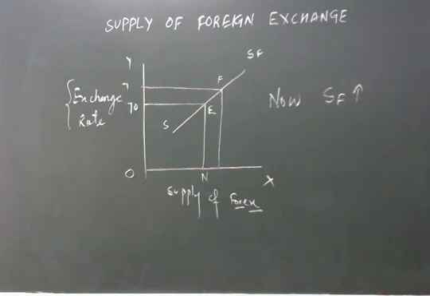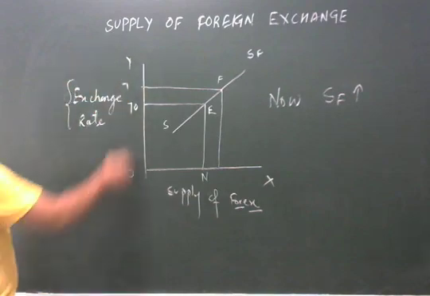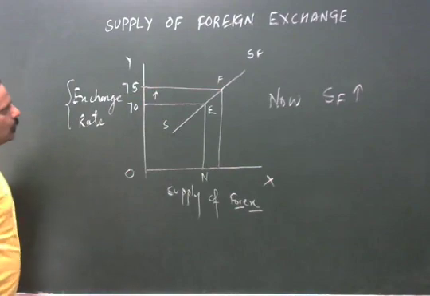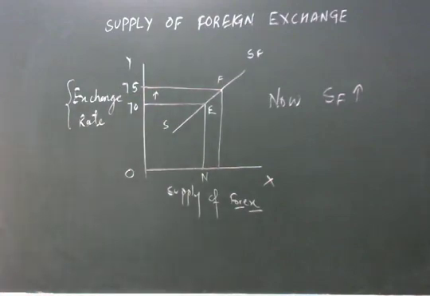What do you think now? The exchange rate, R2, may be any number below the 70, with the increase in the supply of foreign exchange.